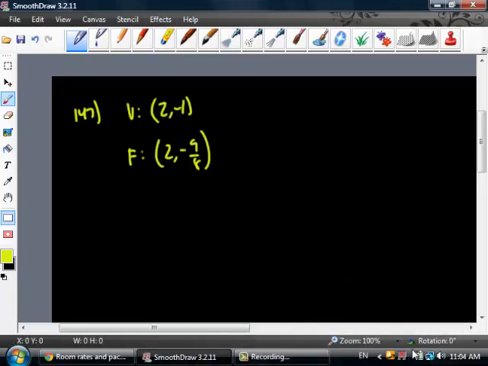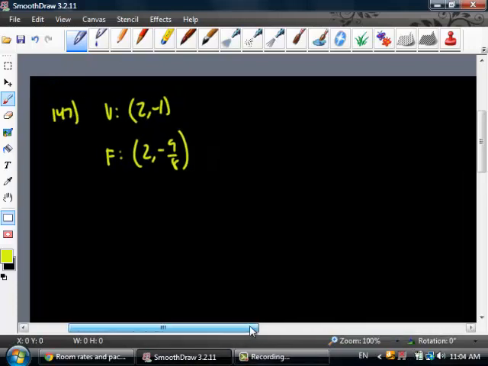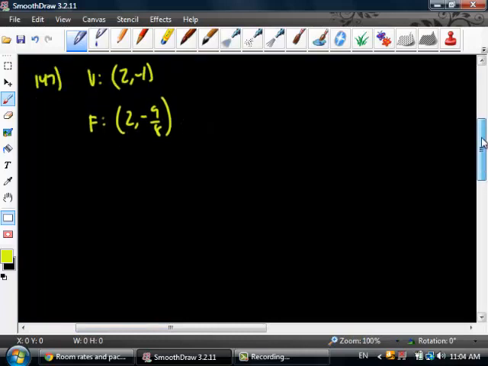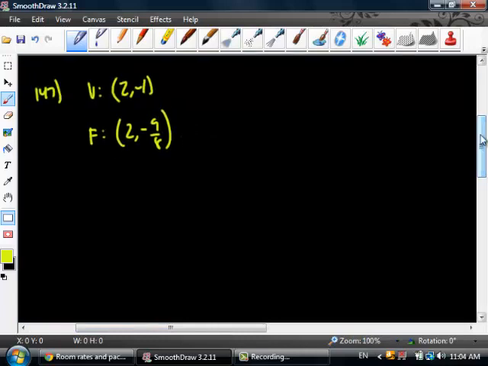Okay, so we're writing the equation of a parabola given these pieces of information. Now, first thing I want you to do is to graph. Draw a picture, graph it. Okay, so we got this thing. The vertex is at 2, -1. The focus is at 2, -9/8. Okay, here's the hard part.